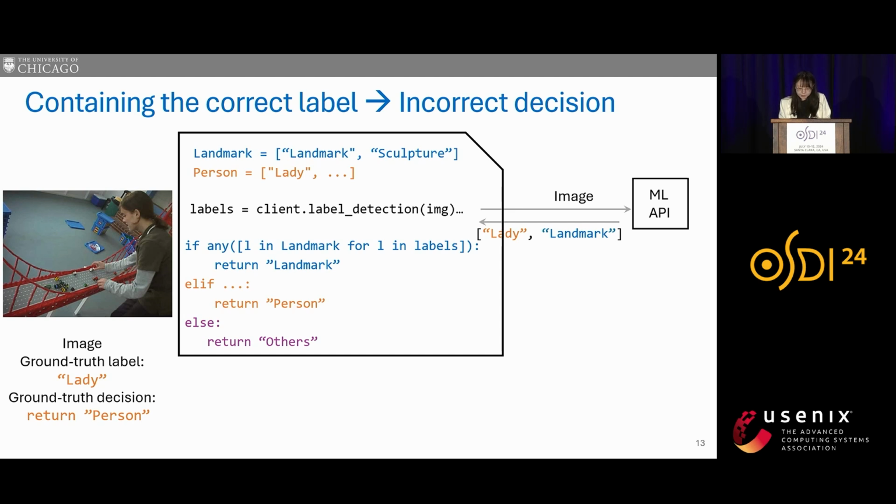However, in this case, when the application compares the output labels with the equivalent classes, it will break at the first if condition. This is because when it iterates through all the labels output by label detection, it finds that the second output label is in the equivalent class. That's output returning landmark, which is a wrong decision.